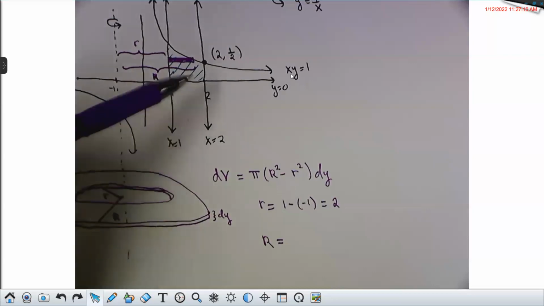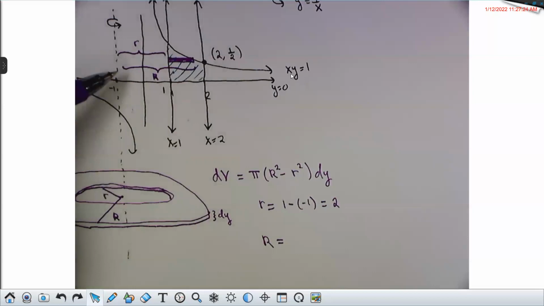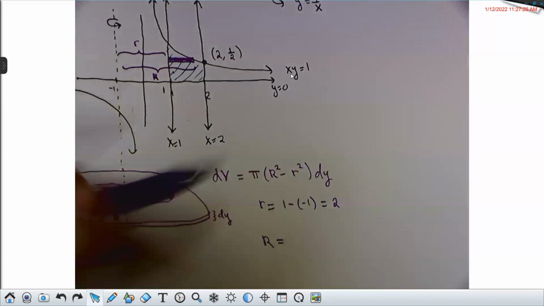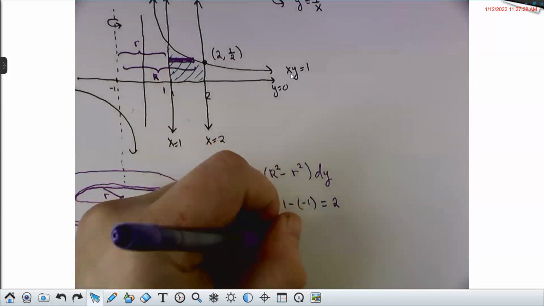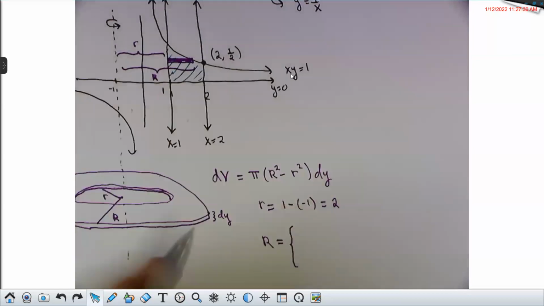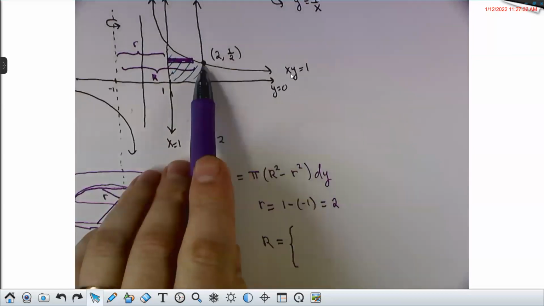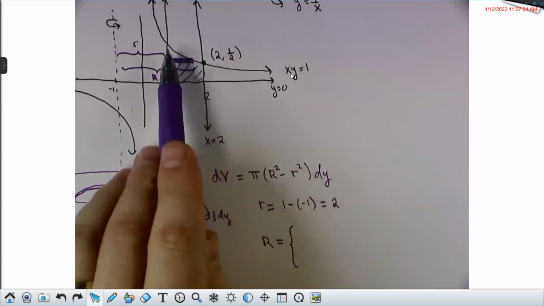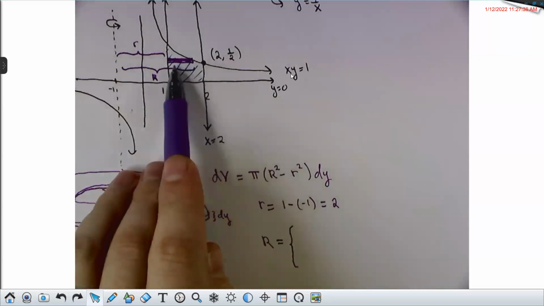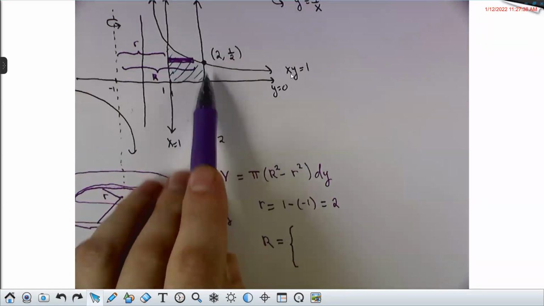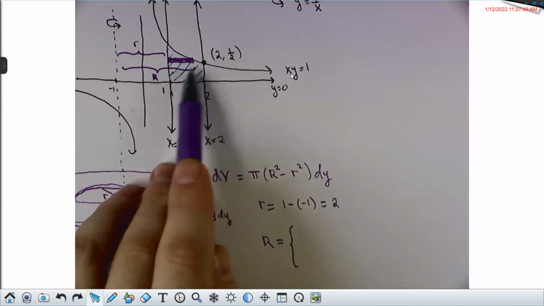If the strip is below this intersection point down here, then capital R would be the distance from this vertical line to this vertical line, which is constant. So capital R actually depends on whether you're above this point, like in this part of the region, or below this point in this part of the region.